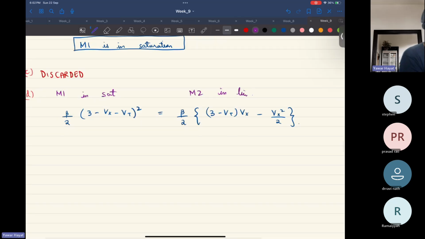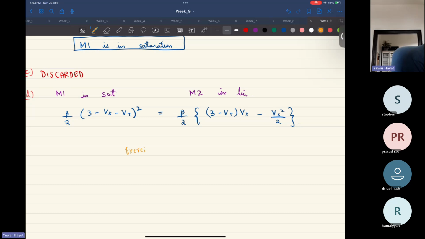If you proceed, you can take realistic values of Vx and Vt and convince yourself that this makes sense. You can take some examples to convince yourself, but do this as an exercise.